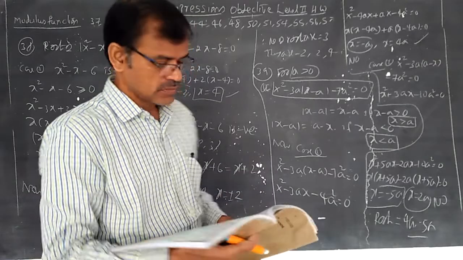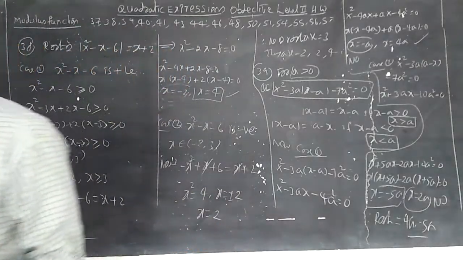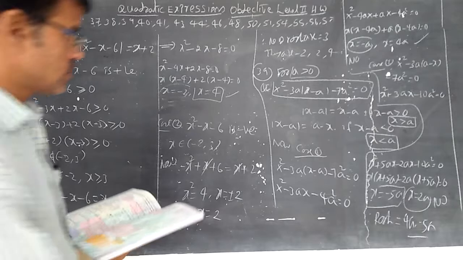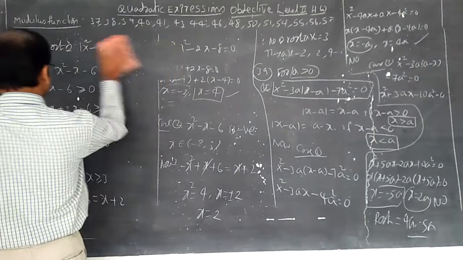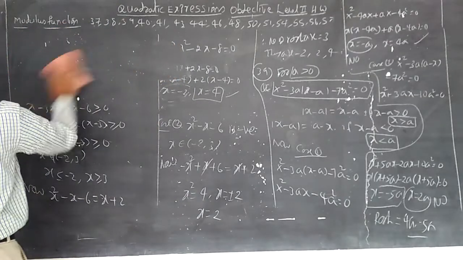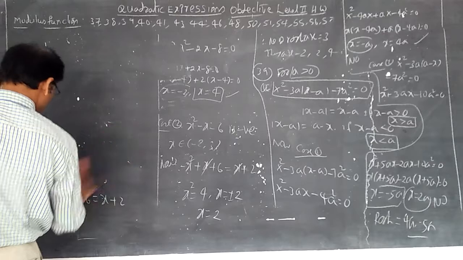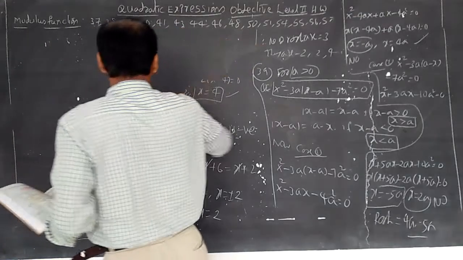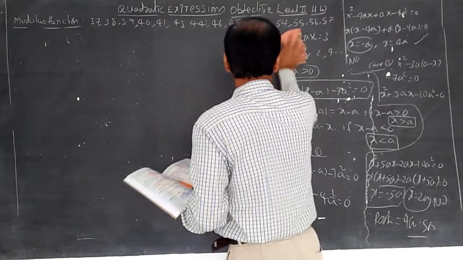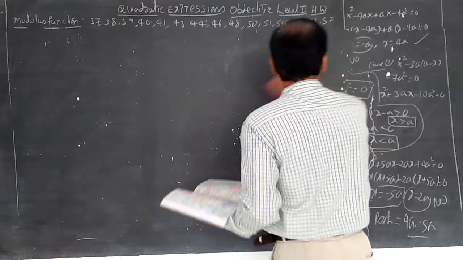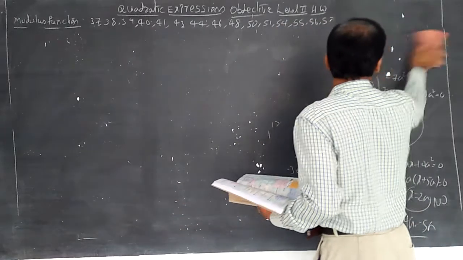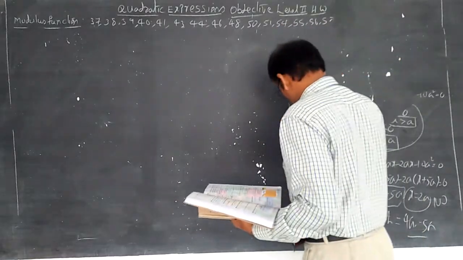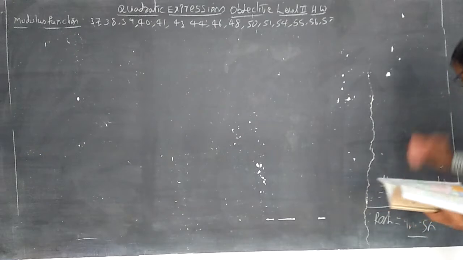Fourth option. These are the most important objective bits. They depend upon the modulus concept. You can face such questions in integration and differentiation also. You cannot face such questions in the intermediate exam; these questions are important only for objective exams.